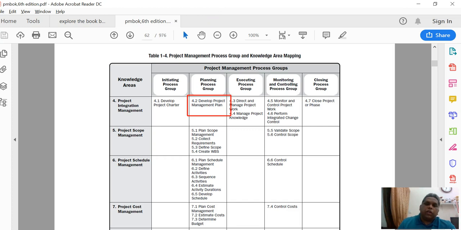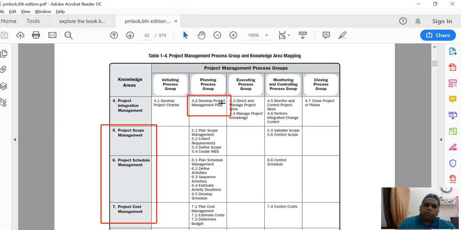If you recollect, we talked about an element called project performance baseline, which is a composition of your scope, your timelines, your duration, your resources, and the cost of the project. So you need to integrate all of these elements as a part of your project management plan. Besides the project performance baseline, you also need to integrate a lot of the subsidiary plans that you create, such as risk management plans, quality management plan, communication management plan.